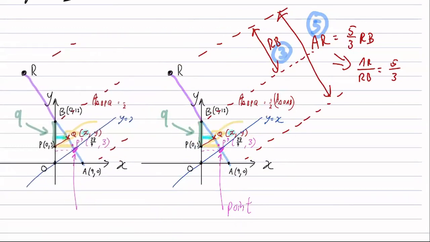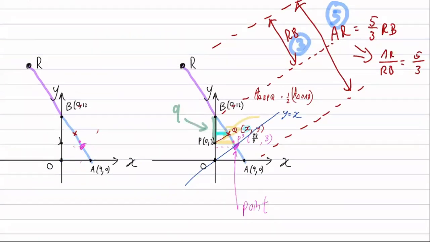Let me copy the diagram again, but this time I erase all the irrelevant information. Gone, gone, gone, gone. Bigger eraser. Okay, close enough. Yeah, like this.